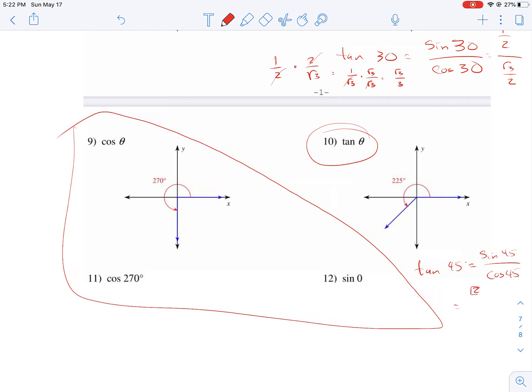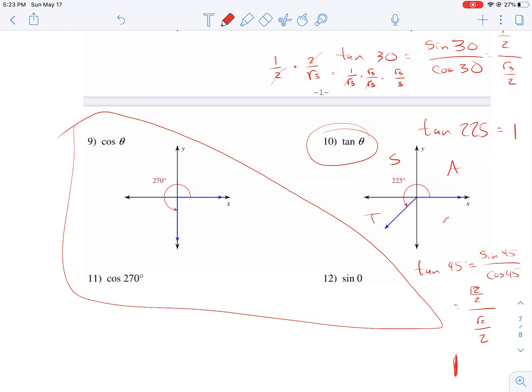The sine of 45 degrees is just square root 2 over 2, and the cosine of 45 degrees is another square root 2 over 2. Even though they're both fractions, there's no need to keep, flip, change because I'm just dividing it by itself. So we end up getting an answer of 1. So the tangent of 225 degrees is equal to 1.